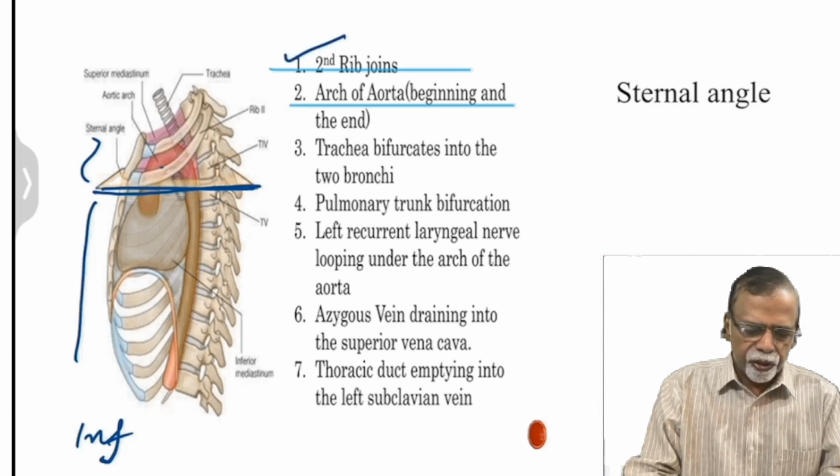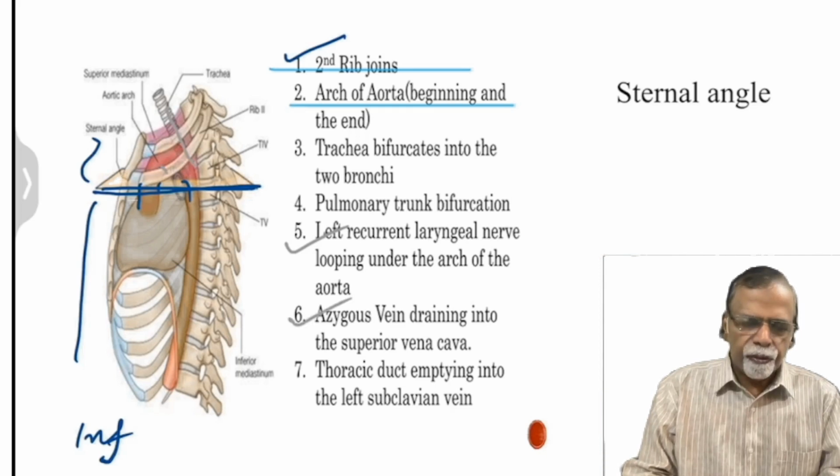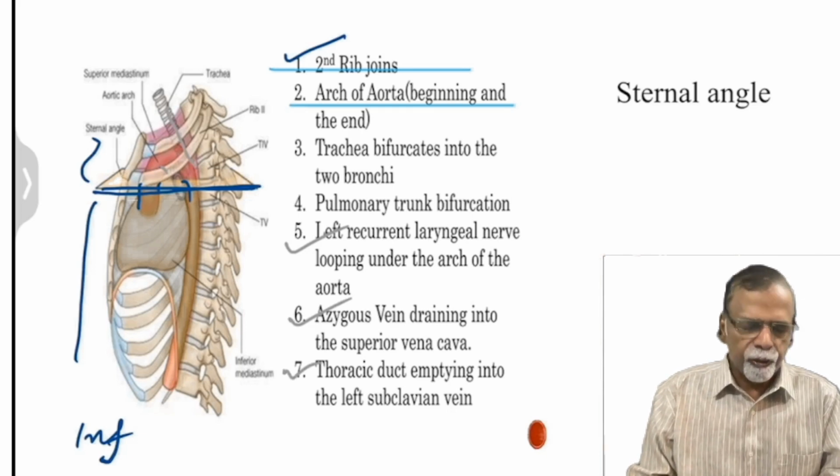You can see the arch of aorta begins and ends at this level. The trachea bifurcates, so here you can see the tracheal bifurcation. The pulmonary trunk bifurcates, and the recurrent nerve is curving around the aorta on the left side, along with the draining of the azygous vein and the thoracic duct. So these are important points to remember.